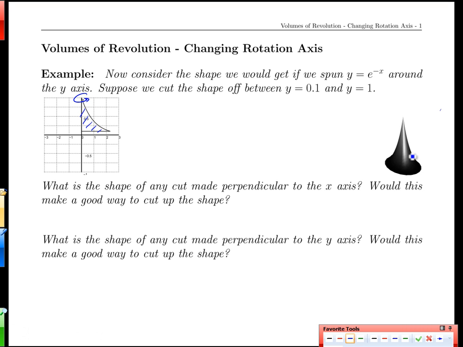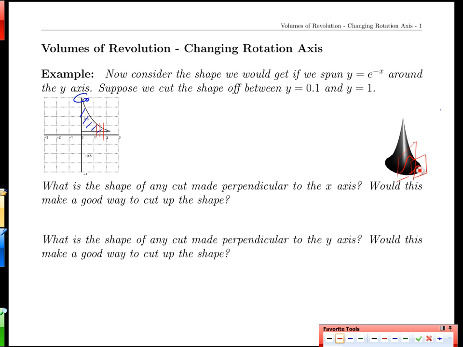The question then becomes, if we want to find the volume of this shape, how should we slice it up to develop an integral? What we could try is to replicate what we did in the previous example, which is to slice in the direction perpendicular to the x-axis, so slice this way. But if you look at what that would be in this shape, that would be slices along this direction, and the shapes would actually be quite complicated.